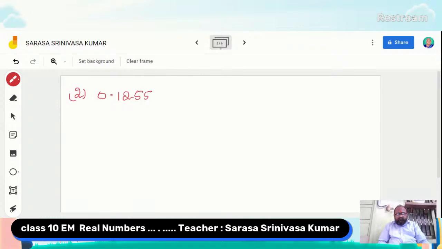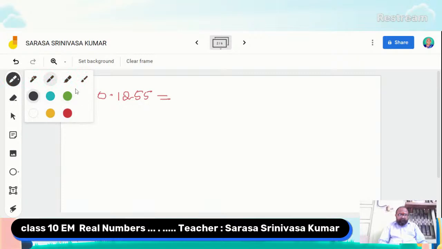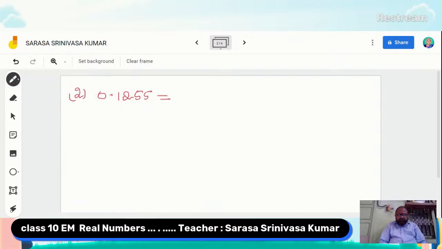Now we have to convert this number in p by q form. This can be written as 1255 divided by, after decimal, how many digits are there? 0.1255. 4 digits are there. So we can write 10 power 4 in the denominator. Now we find the prime factors for 1255.